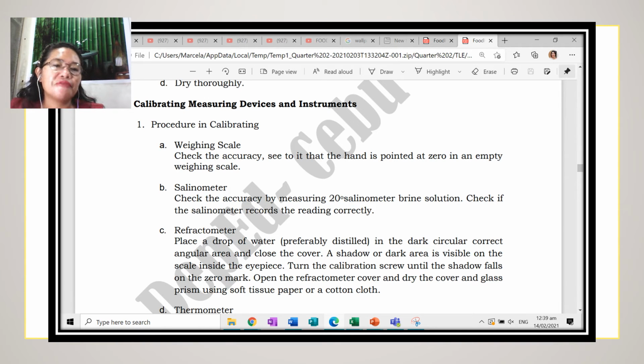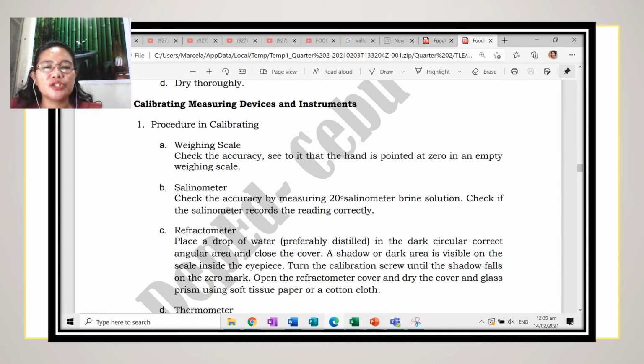Then refractometer. Place a drop of water, preferably distilled water, in the dark rectangular area of the prism, and close the cover. Then a shadow or a dark area is visible on the scale inside the eyepiece.